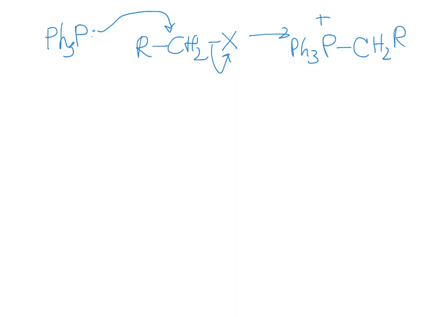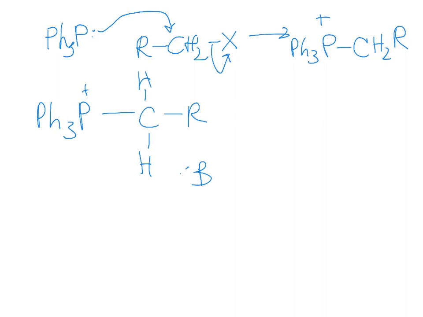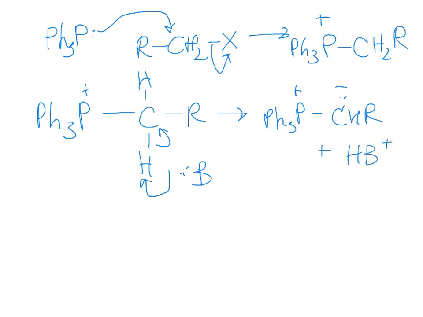Then a base is allowed to come in. So if we draw out our reagent, and we draw out our hydrogens, a base is added, and that base will come and deprotonate the carbon, putting that negative charge on your carbon, and now you have your ylide, and whatever your conjugate acid is.